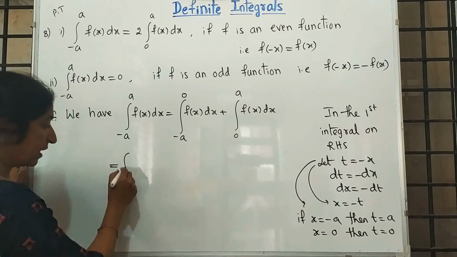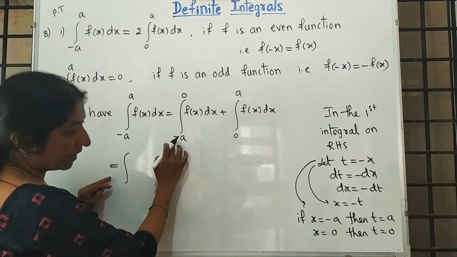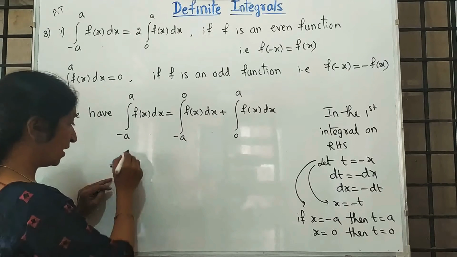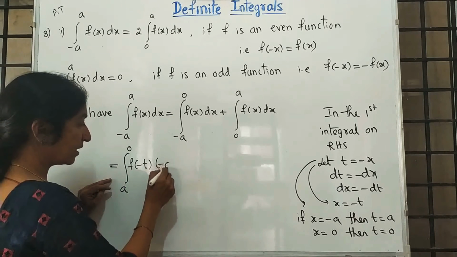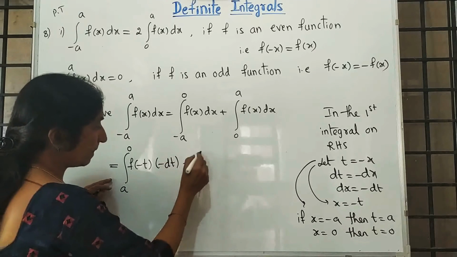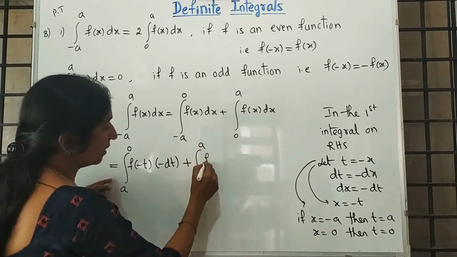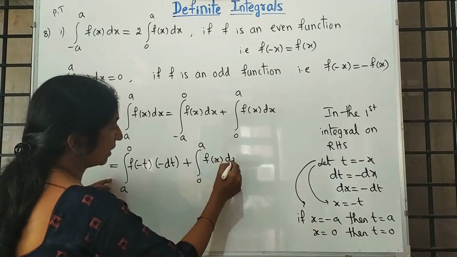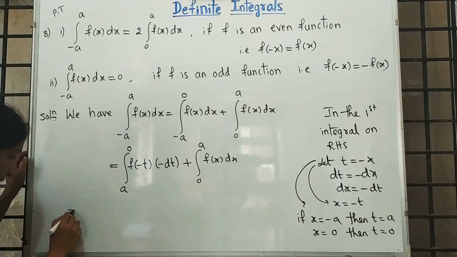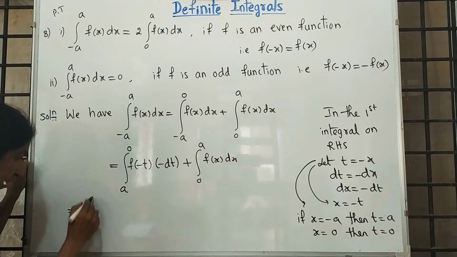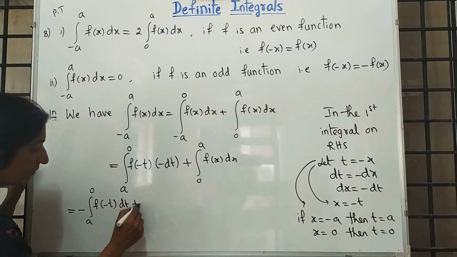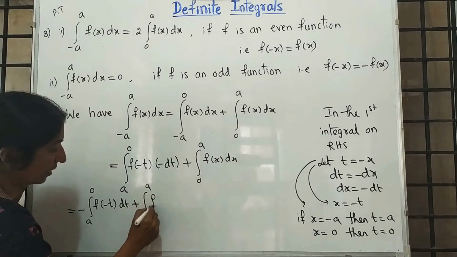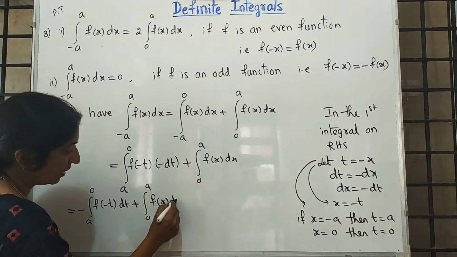So how do you write the right side? In place of minus a we have a, the upper limit is 0, f of minus t, and this is minus dt, plus 0 to a of f of x dx. Here I took minus outside: a to 0 of f of minus t dt, plus 0 to a of f of x dx.